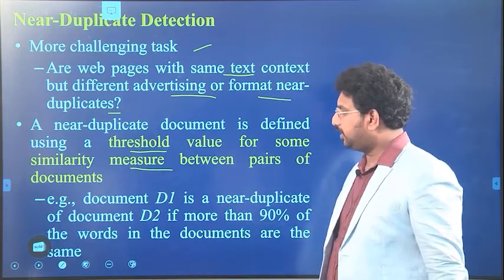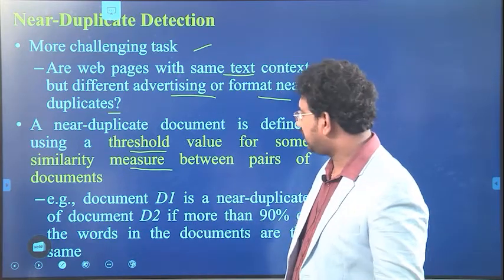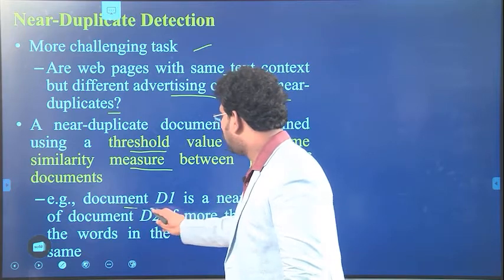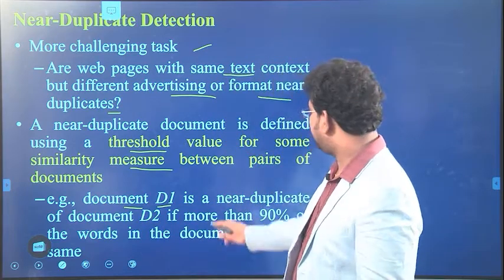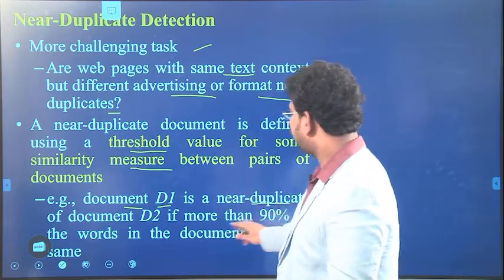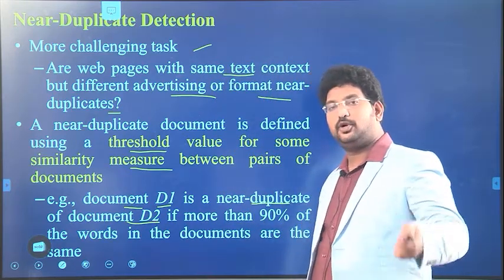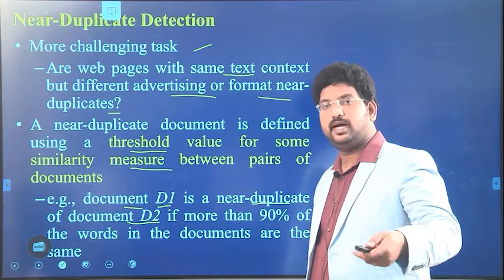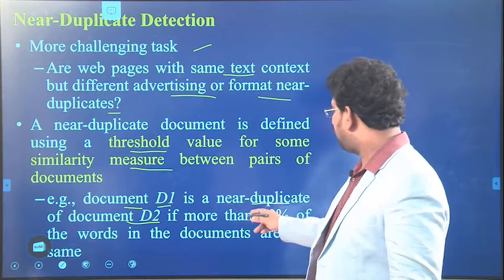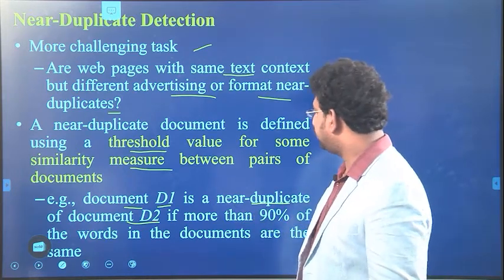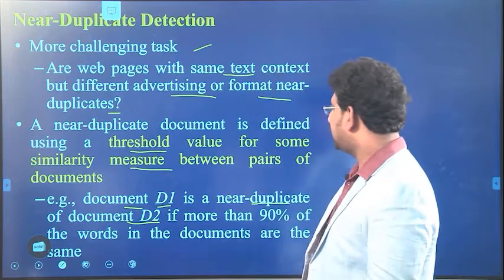For example, consider document D1 and document D2. If you want to say document D1 is a near duplicate of document D2, more than 90% of the words in the documents must be the same.